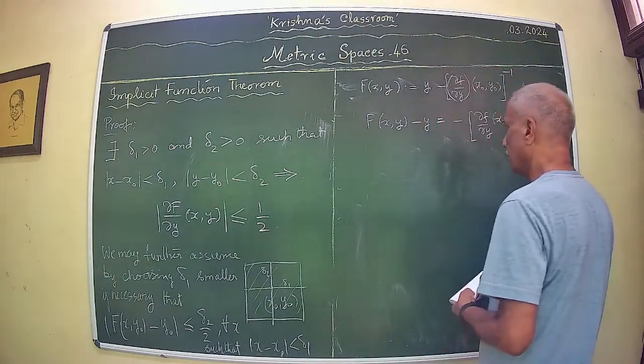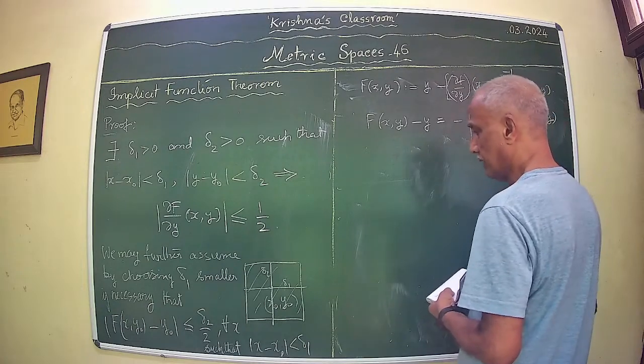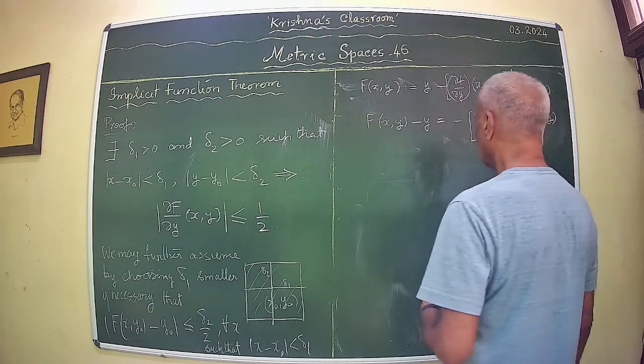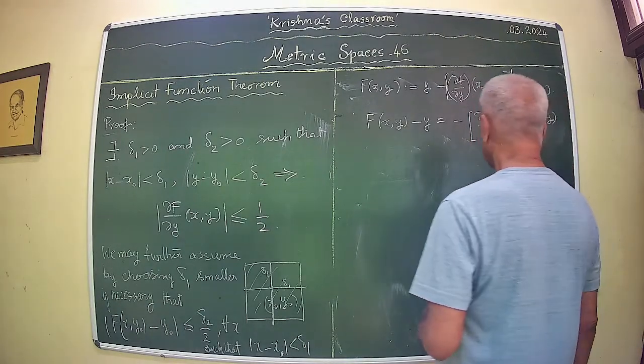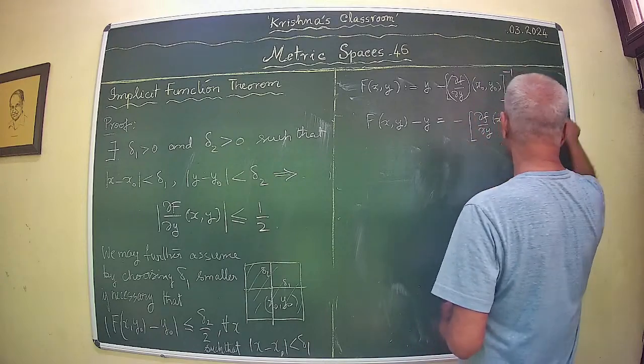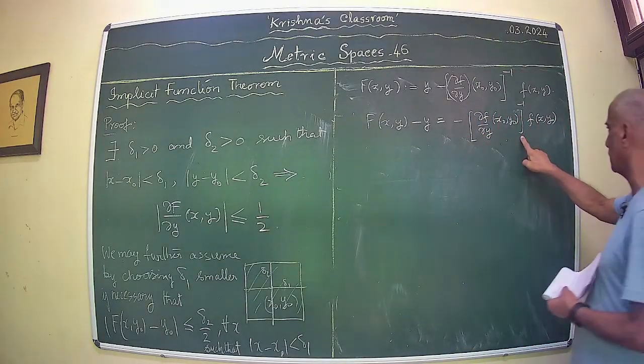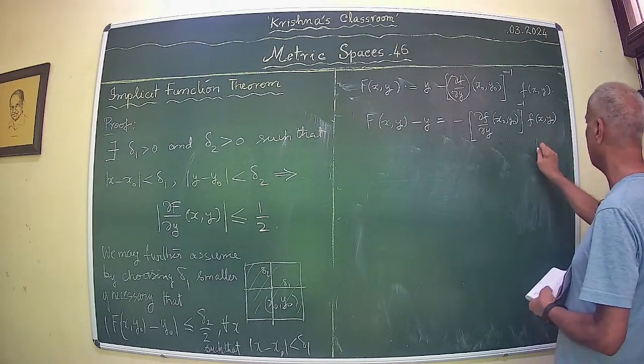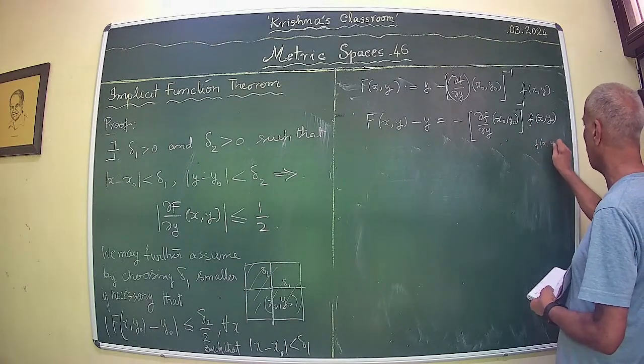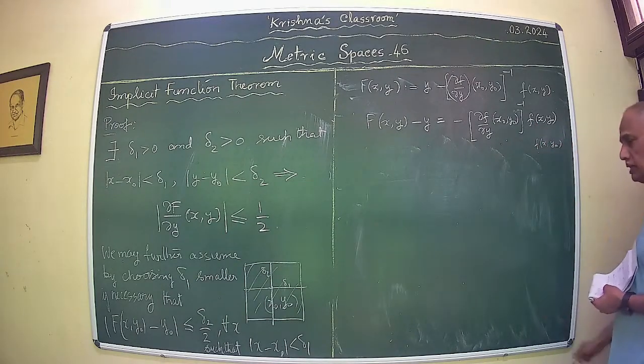Okay, so f of xy at y naught minus y naught is estimated as this one, and this is of course as it is, it's not equal to 0. So you get f of x y naught. This is what you get.